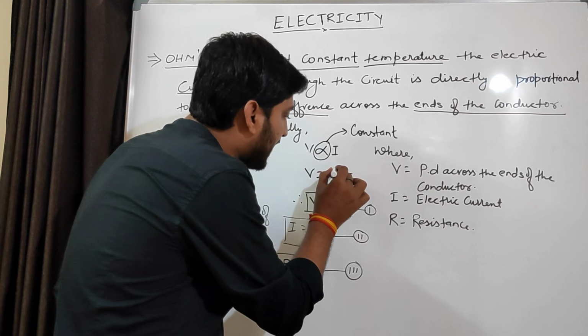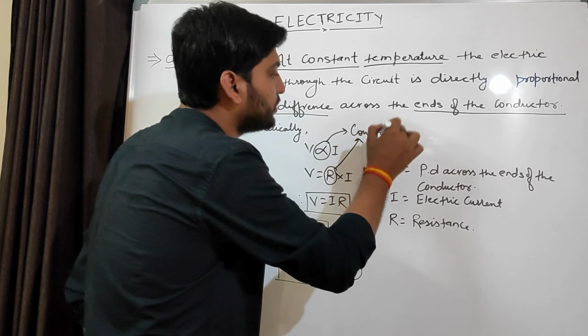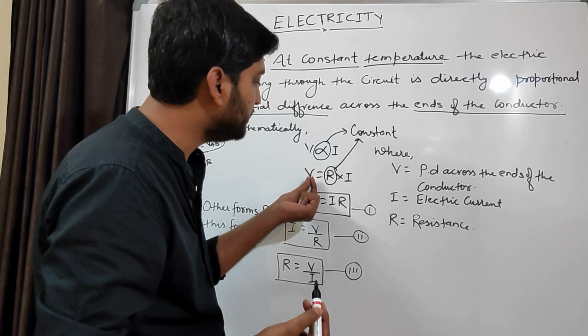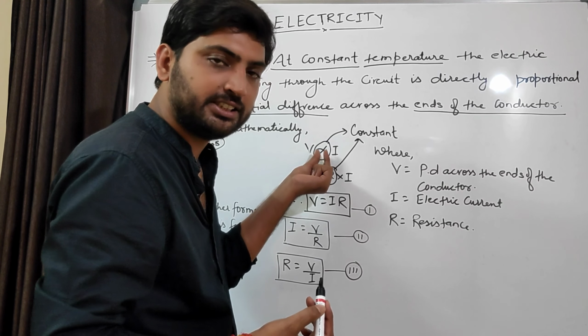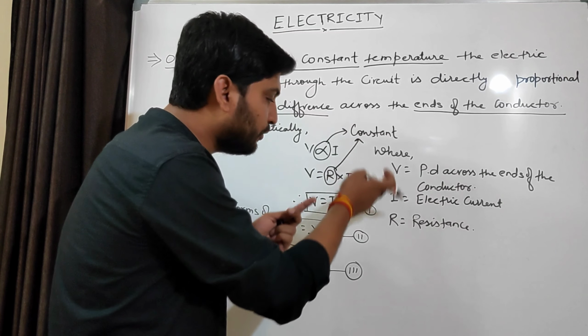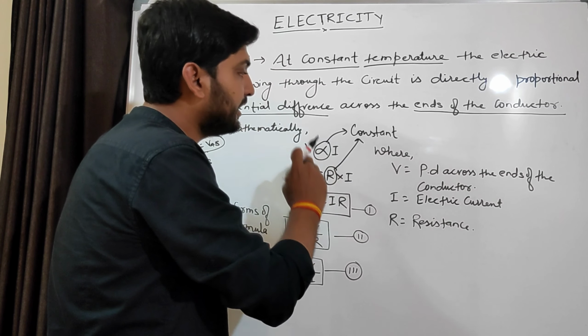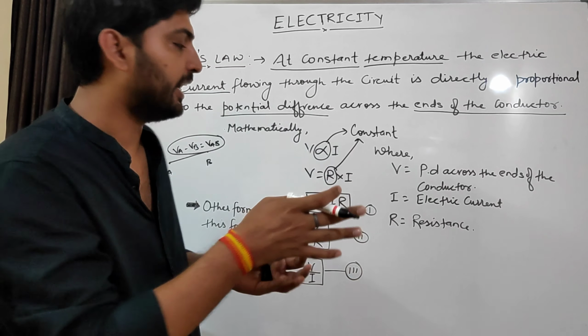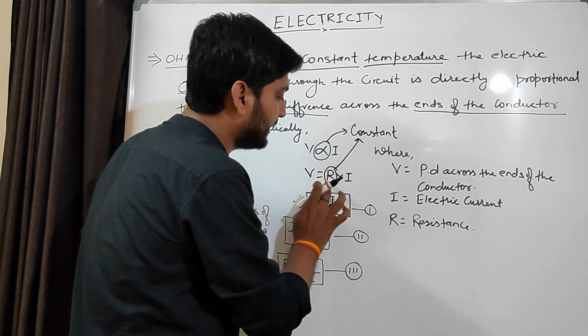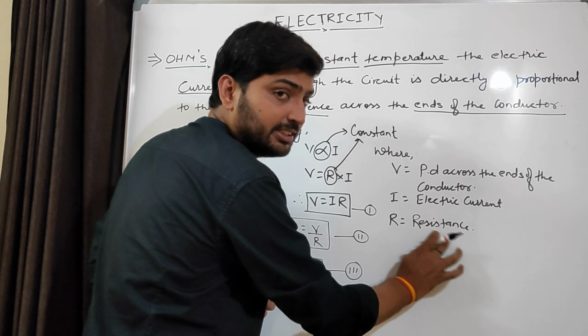So here R is the constant. As we replace the directly proportional sign with an equal sign, a constant comes in between, and that constant is resistance R.